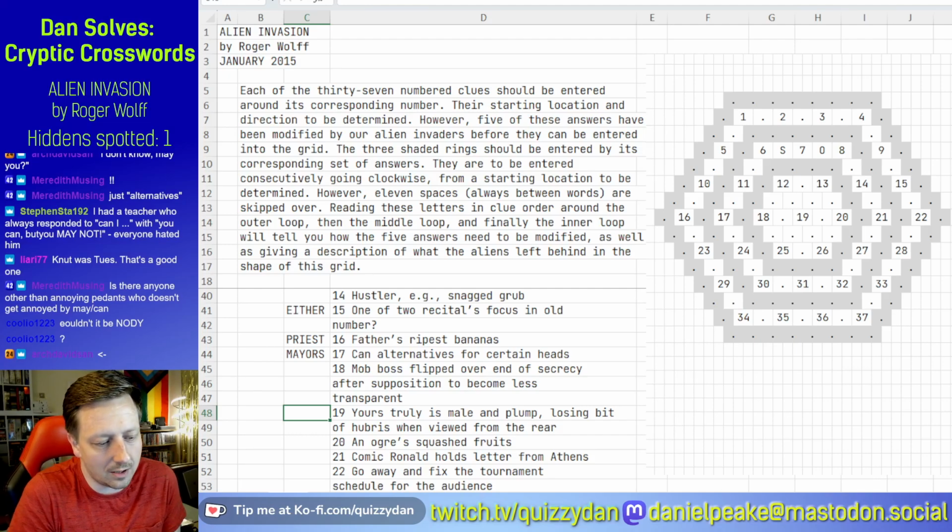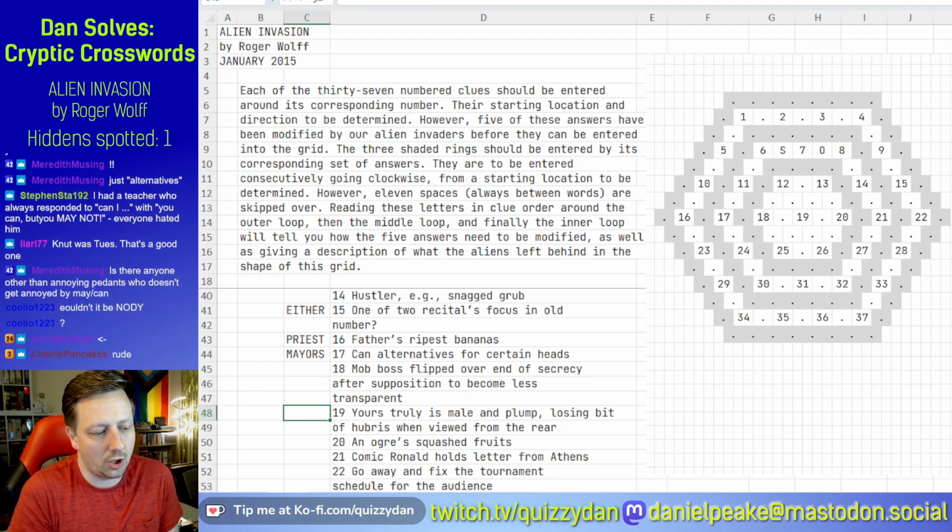So H. So we're going to take H, or bit of hubris when viewed from the rear, which might be S. Male, M. Plump, fat, large, pudgy. Squidgy.